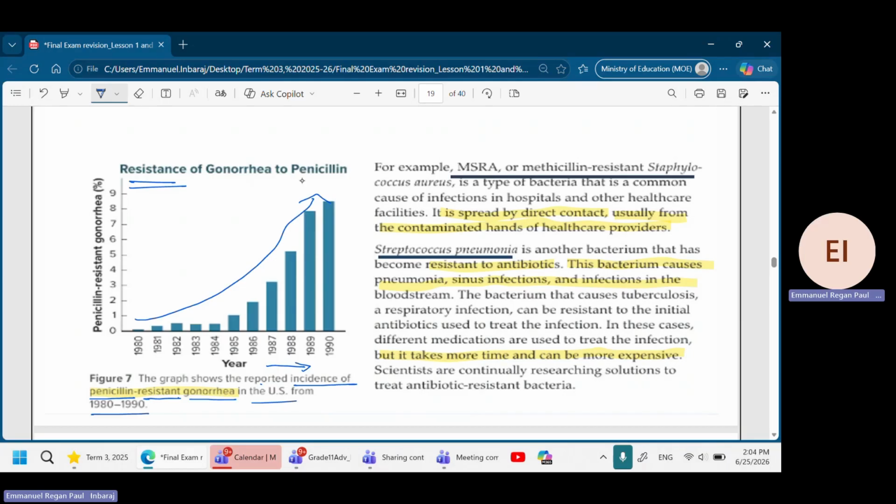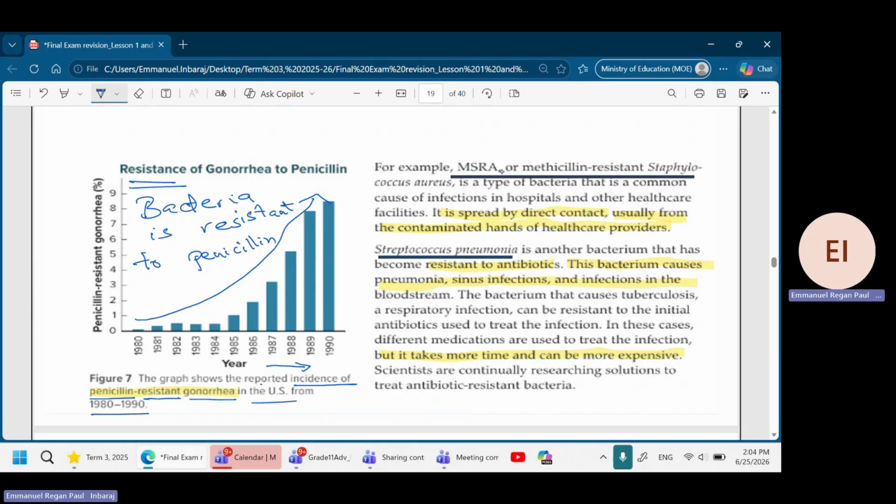Because the bacteria is resistant to penicillin. Penicillin is an antibiotic. The bacteria is resistant to it, so it is not killed. Okay, so this is one thing that you should remember.